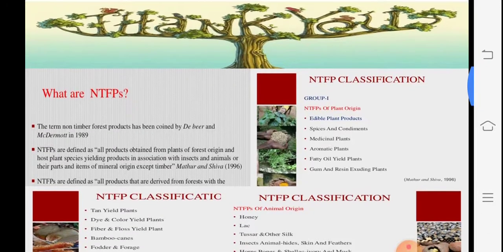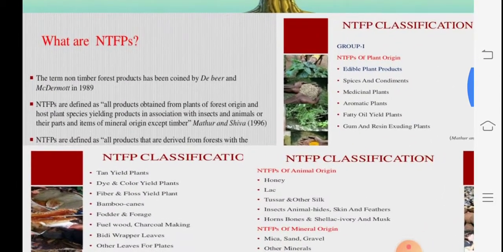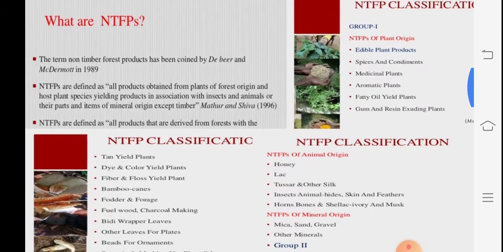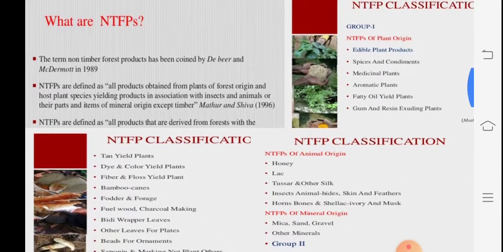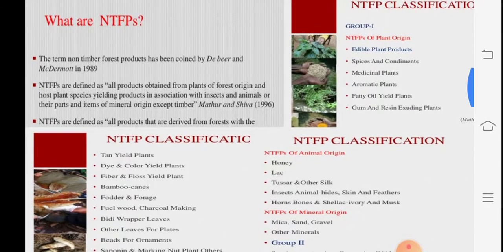So, firstly, this term, non-timber forest products, has been coined by De Beer and McDermott in 1989.